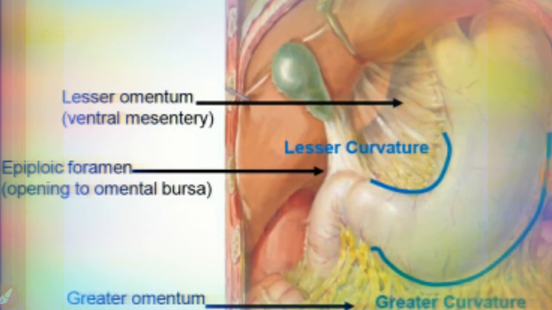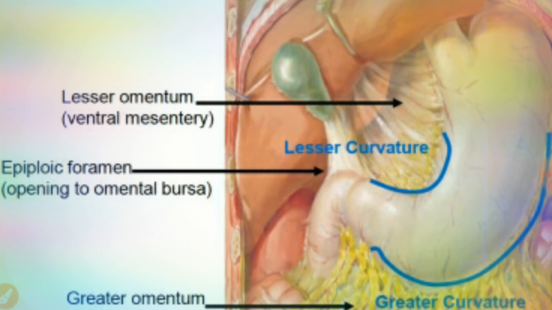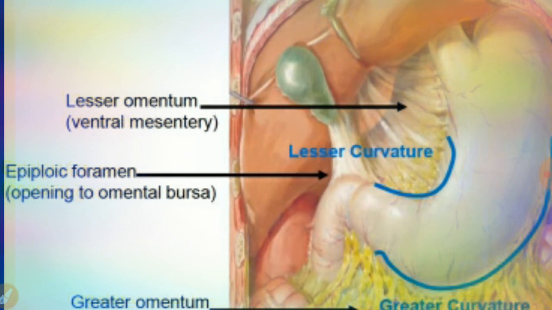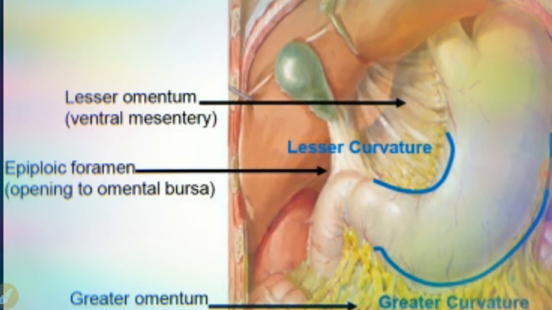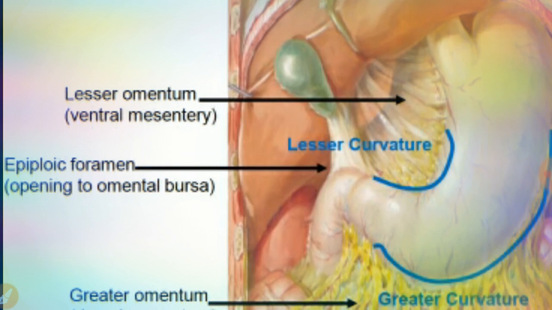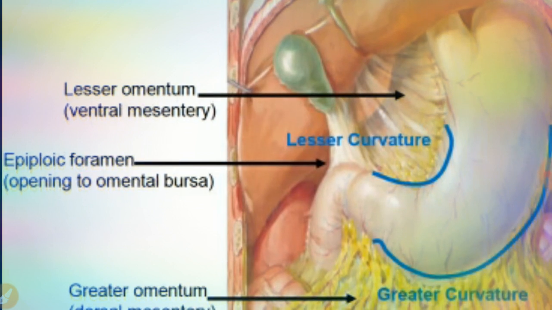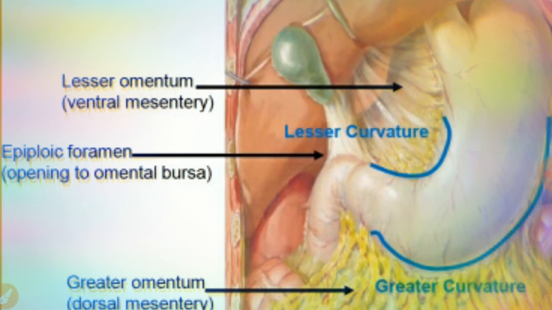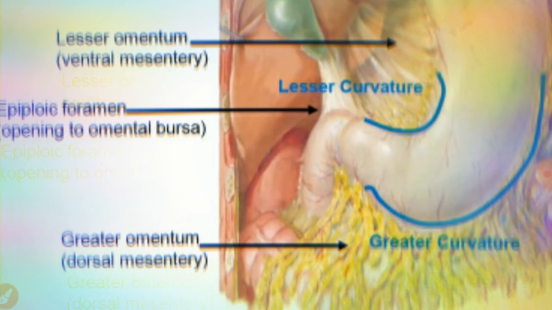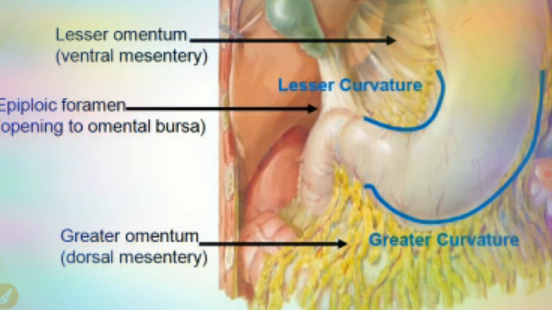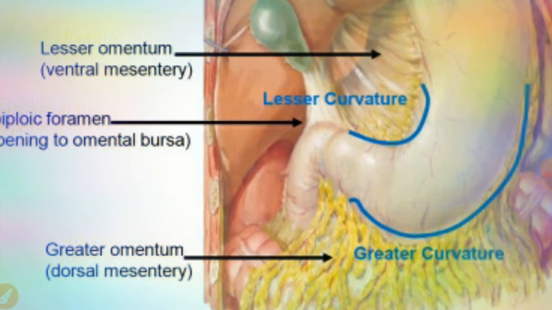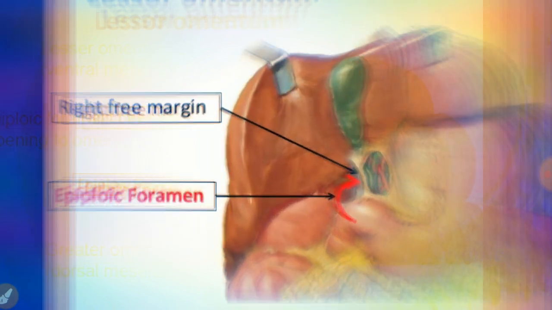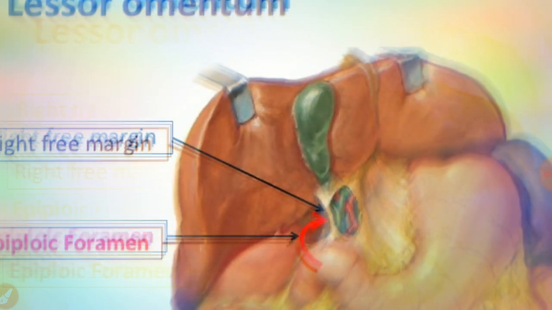See here the lesser omentum. We used to call it a ventral mesentery, and at the lesser curvature there is the epiploic foramen. Epiploic foramen means there is an opening to the omental bursa. Then greater omentum, greater curvature, dorsal mesentery. Okay, so this is the picture of the lesser omentum.